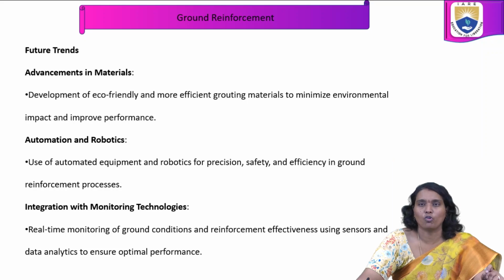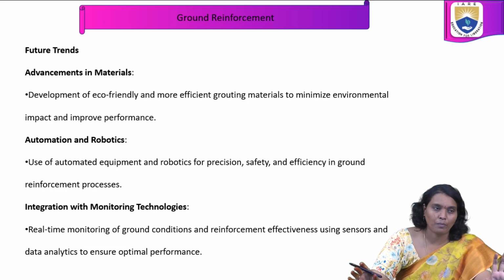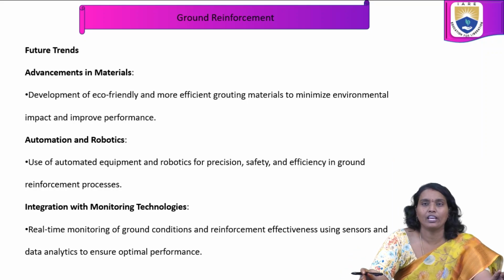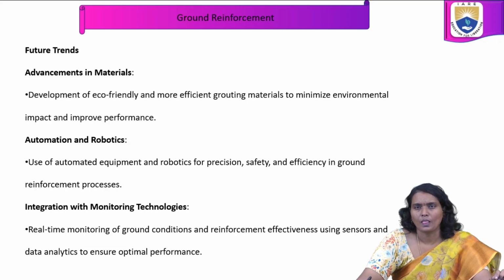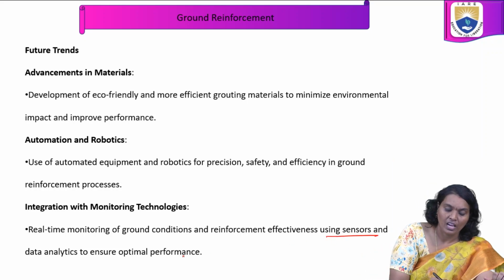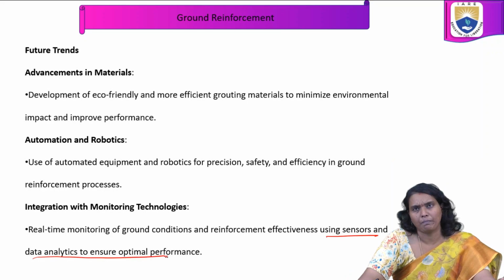Also automation and robotics: we already talked about the different equipment and the need for skilled labor. Automated equipment and robots will be used for precision, safety, and efficiency in ground reinforcement processes. Integration with monitoring technologies: real-time monitoring of ground conditions and reinforcement effectiveness using sensors and data analytics to ensure optimal performance.